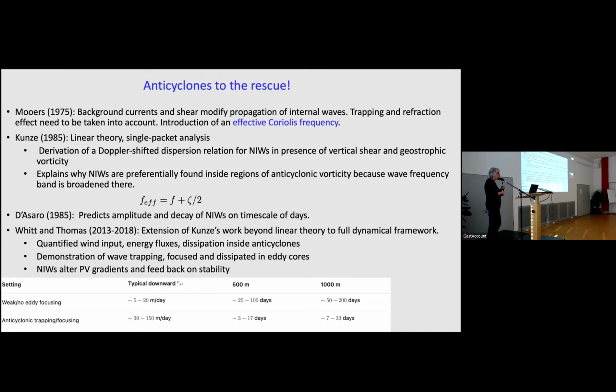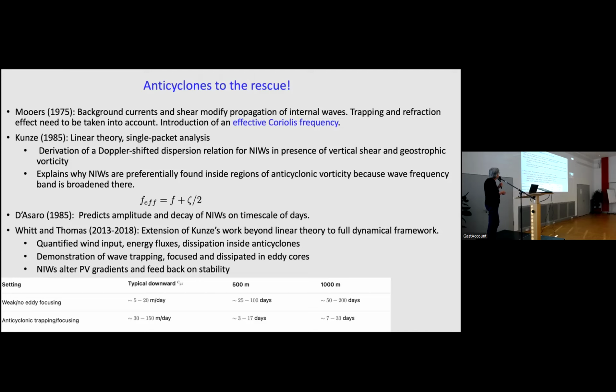Later, when Eric Kunze was a graduate student, he did a very nice paper using ray tracing methods, and he derived the Doppler shifted dispersion relation for these inertial gravity waves in the presence of vertical shear and geostrophic vorticity. He found that the effective frequency is reduced in regions where zeta, the vertical vorticity, is negative. So this just expands the inertial gravity wave band.